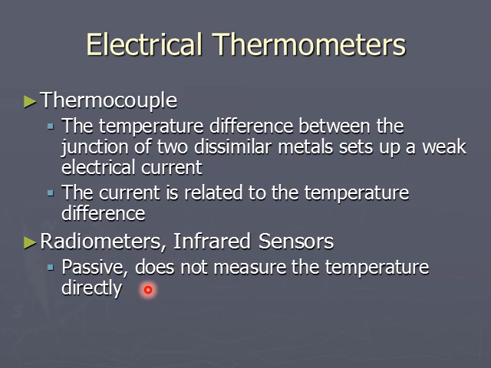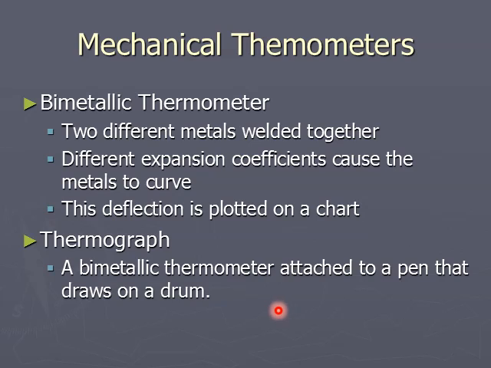These are more passive. This does not measure the temperature directly, or should I say does not measure the average kinetic energy of the molecules in the air. What these measure is the amount of infrared radiation being emitted by a particular object. And from that, you determine the temperature.